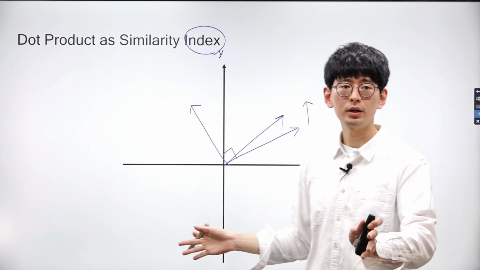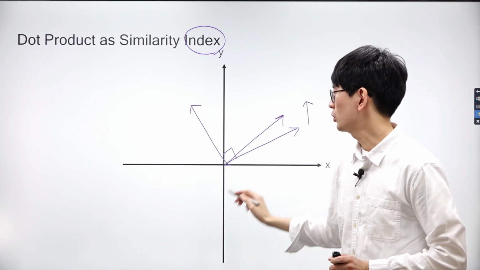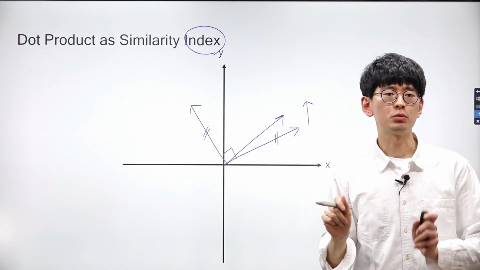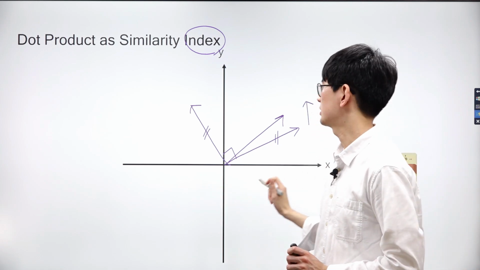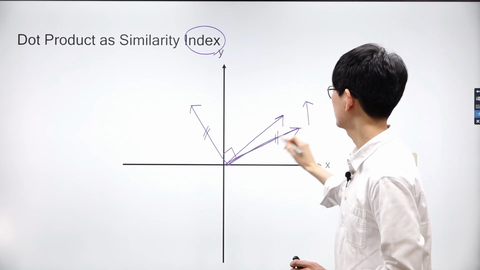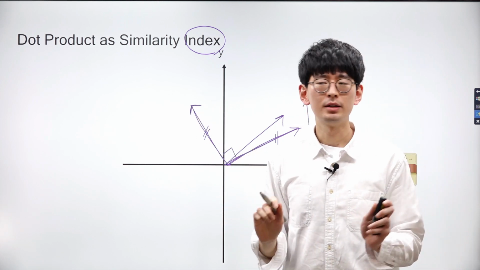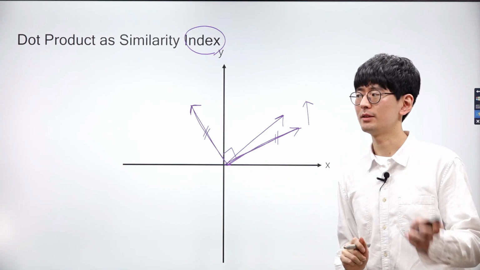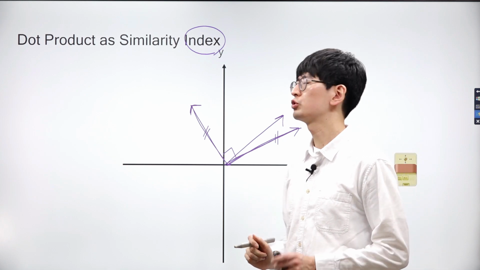From the data perspective, when the vectors are far away from each other, it means that they contain different types of information. Since they have different types of information, the similarity index has a low value. That's how we can use the dot product as a similarity index. When two vectors are perpendicular, the dot product of the vectors is 0, implying that they hold different types of information.